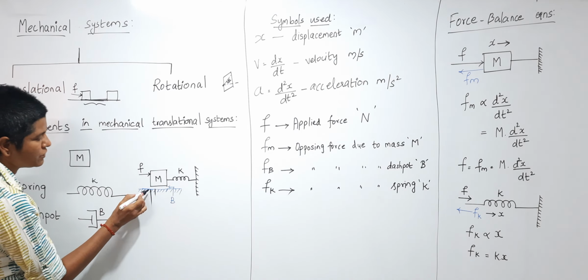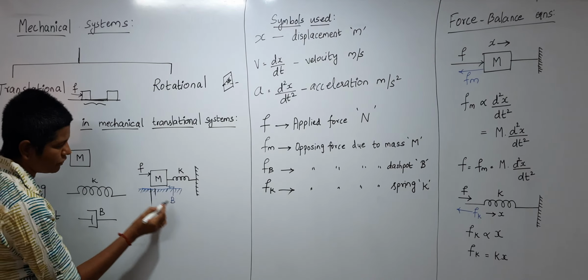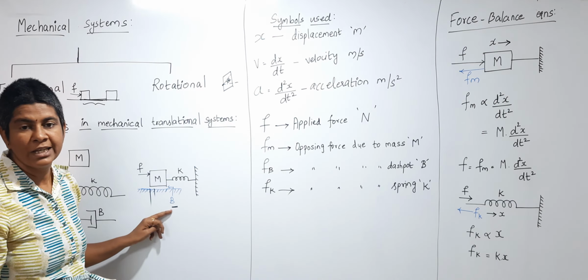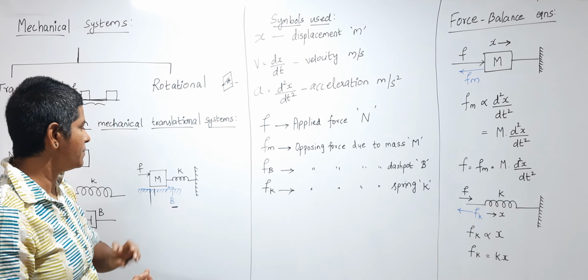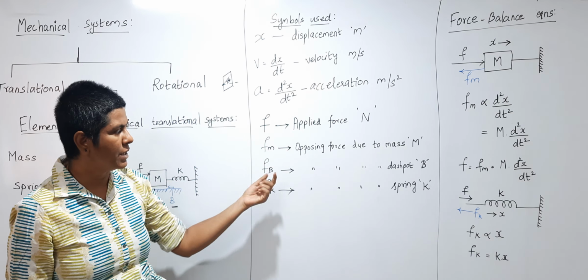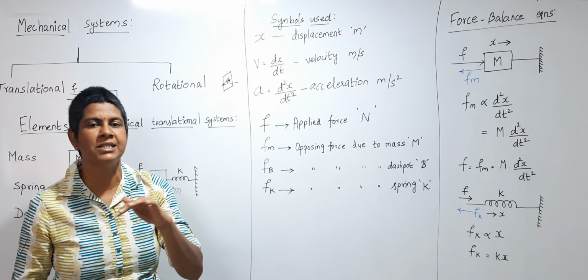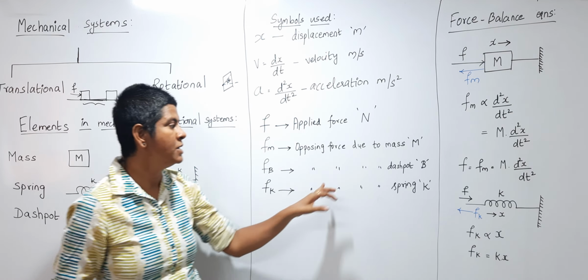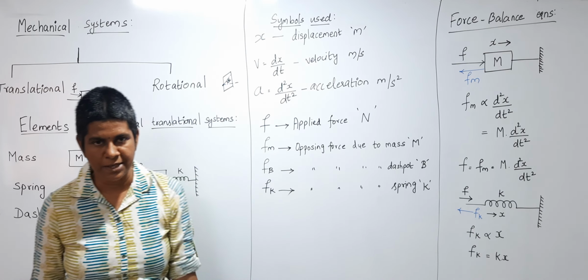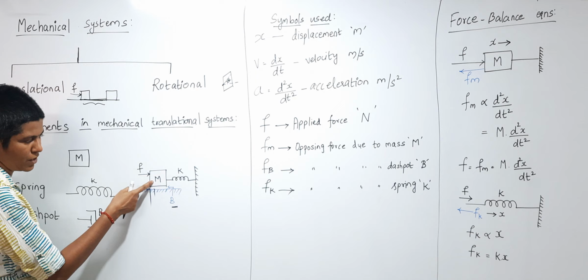Whenever it moves from this position to this position, due to the friction of the ground, the friction will provide some opposing force, and that opposing force is denoted by the letter FB. So FB is the opposing force due to the friction, which we represent as the dashpot, given by the symbol B. And the next one is a spring which is attached to the mass M.